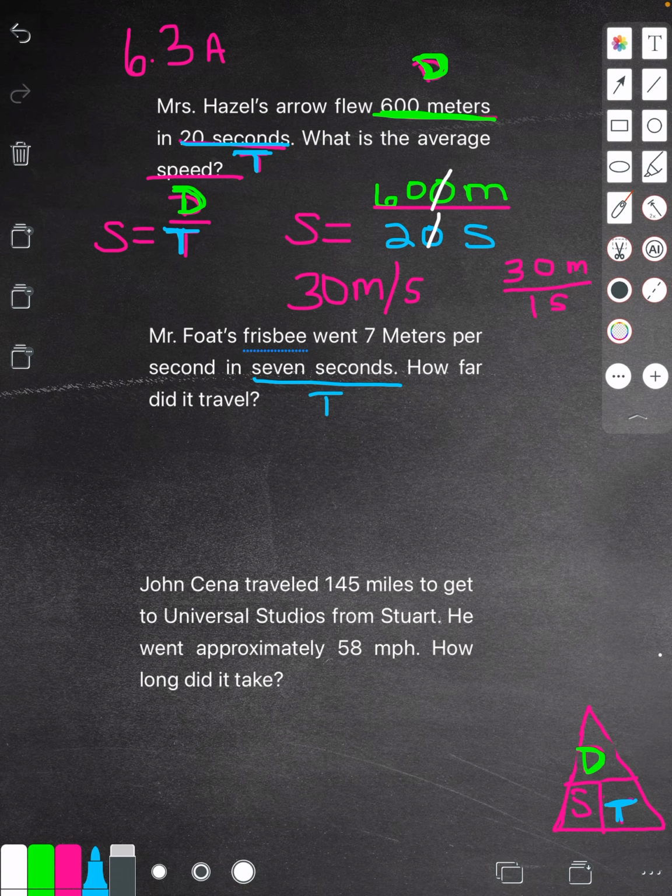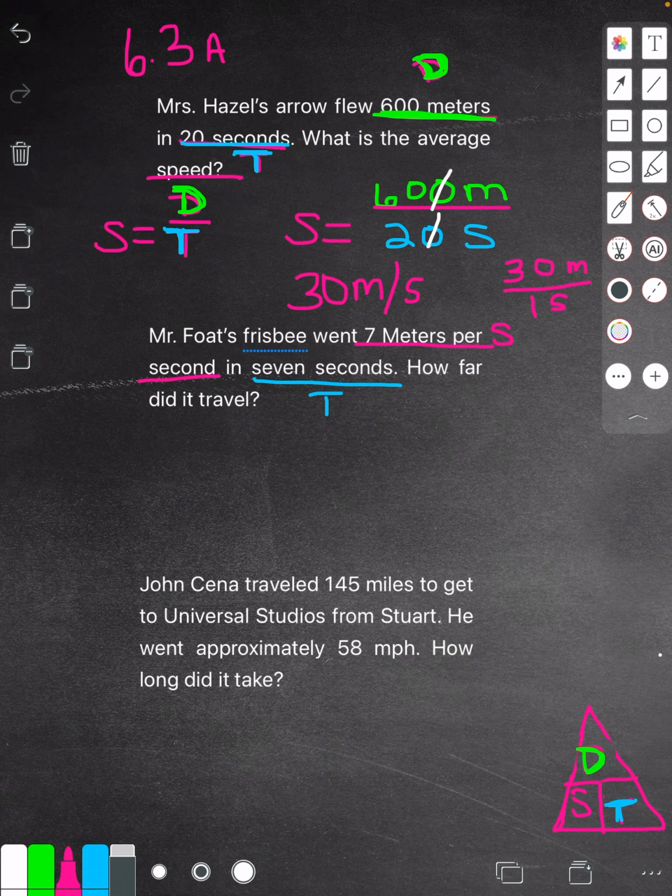If you are talking about miles per hour, that makes me think of how fast my vehicle, or slow, is going. That is a speed here. Speed is going to be in pink. So 7 meters per second.